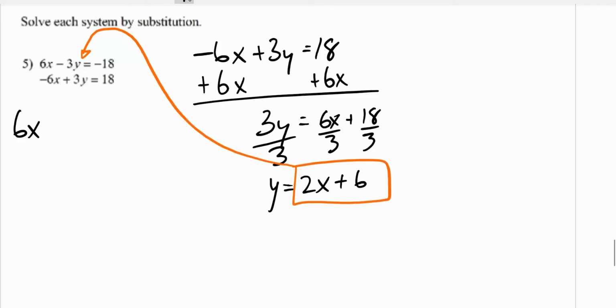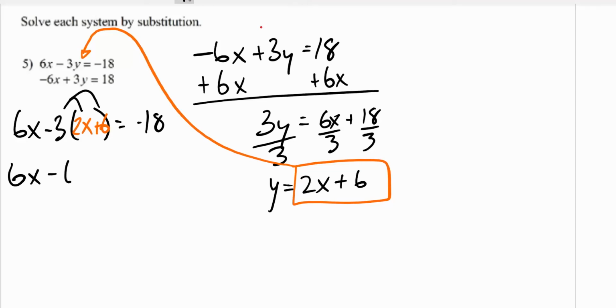which is 6x minus 3y equals negative 18, and we substitute in 2x plus 6, we'll get 6x minus 6x minus 18 equals negative 18.